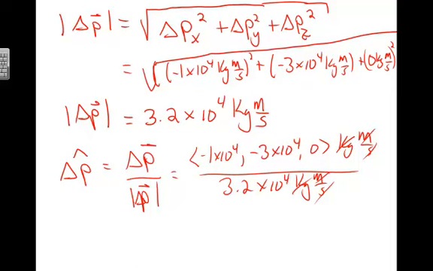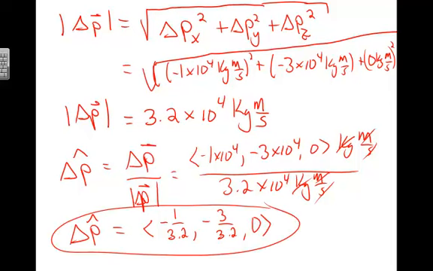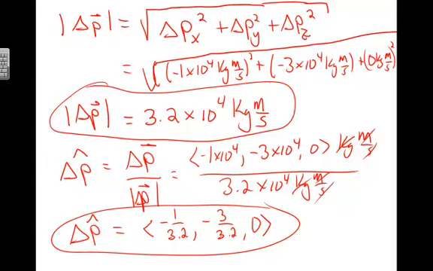So my unit vector, delta P hat, is simply -1 over 3.2, comma, -3 over 3.2, comma, 0. There you have it. Here's my unit vector. It has no units. My magnitude has the same units as momentum. So everything looks pretty good.